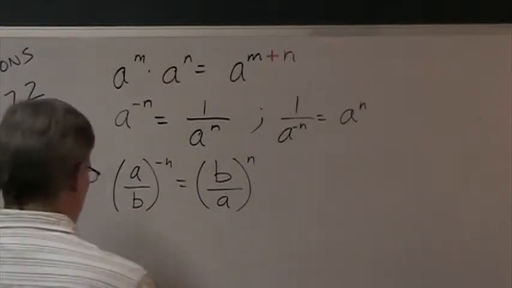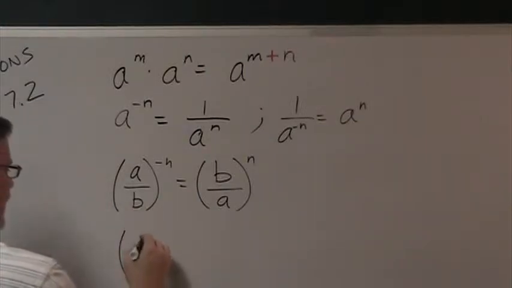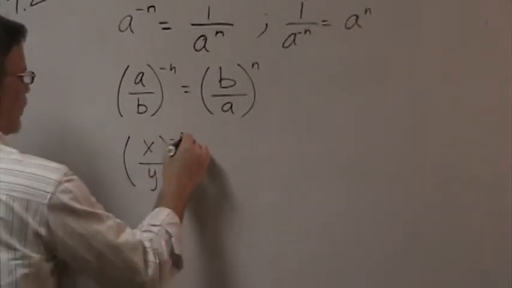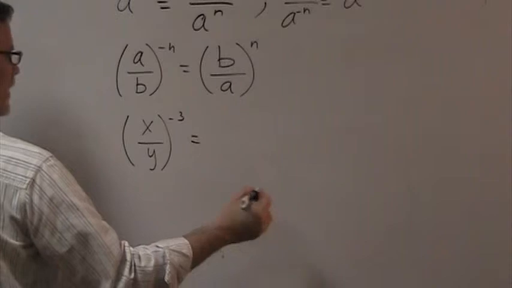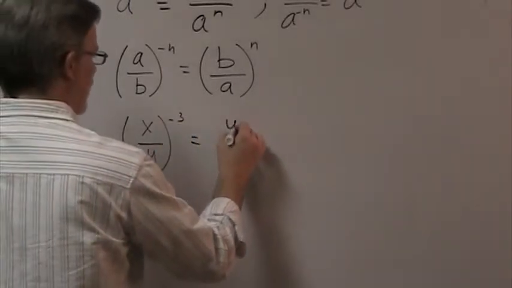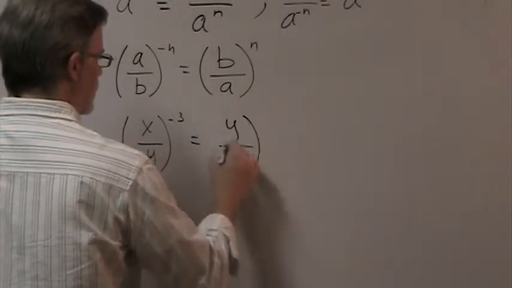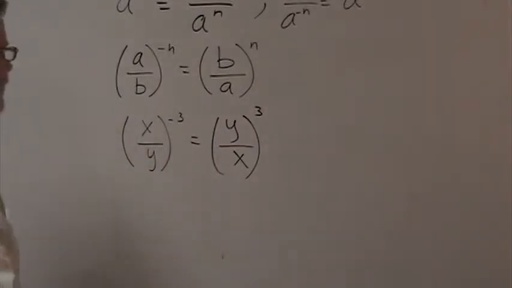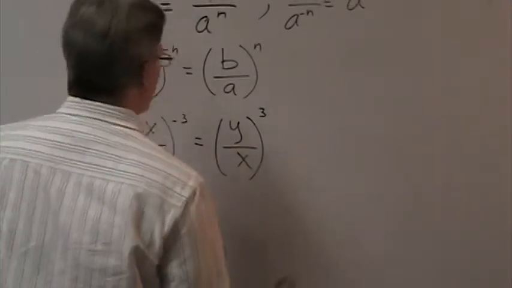How does that work? Well, let's say that we have x over y to the negative 3rd power. In order to get rid of the negative exponent, we would simply write that as y over x to the 3rd power. Very simple. Rule of negative exponents for quotients.